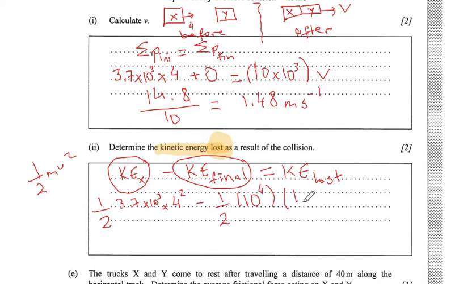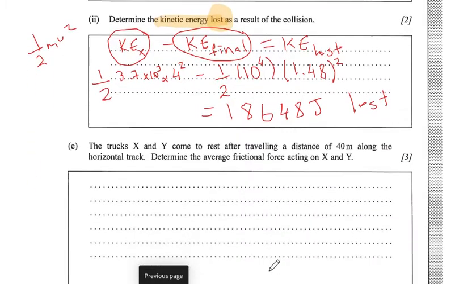I just calculated 1.48 squared. That calculation gives me 18,648 joules that is lost. If you calculate this bit, it's 29,600, and the final is 10,952, and then you calculate the difference to be as such.